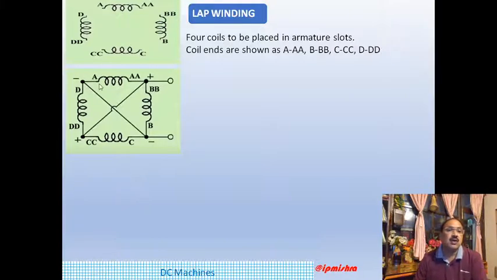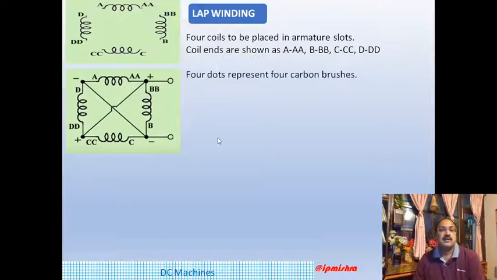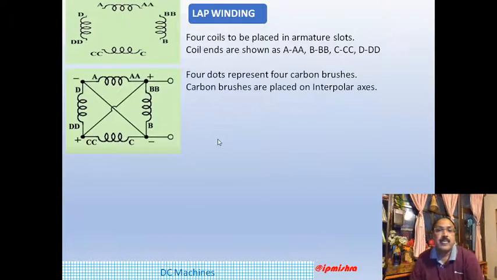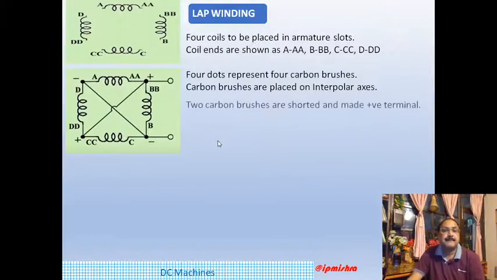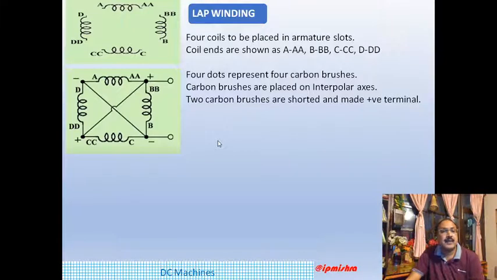Similarly, all four other ends are connected to the negative terminals of the brushes. You can also see that two opposite brushes are shorted here, so as to make only one set of brushes. One set is positive, another is negative.